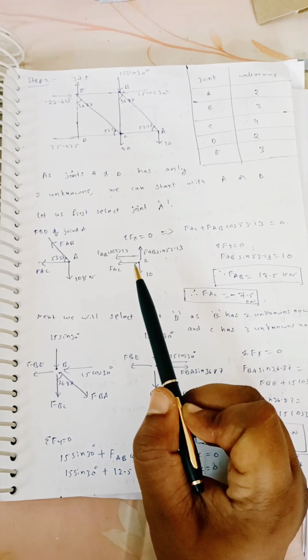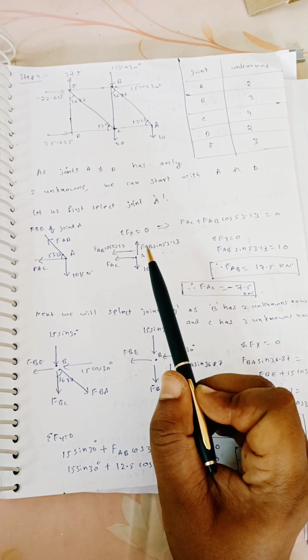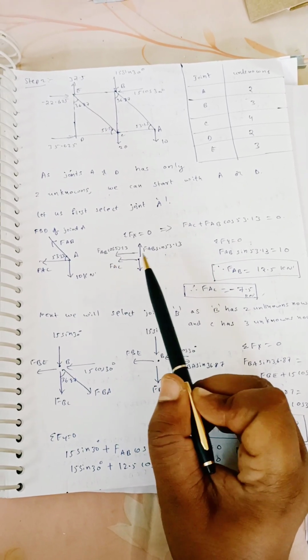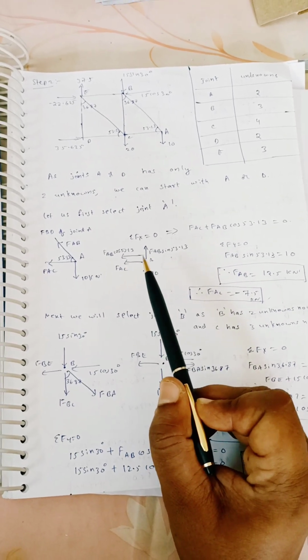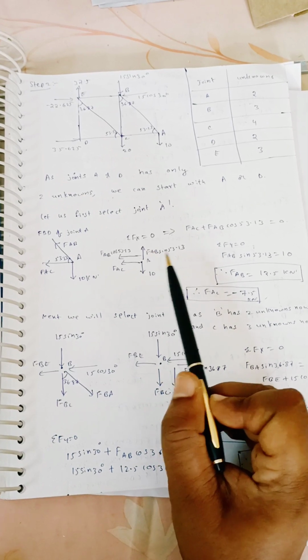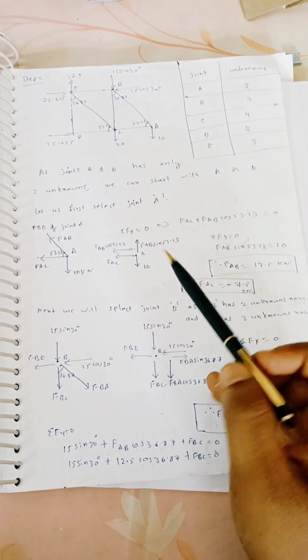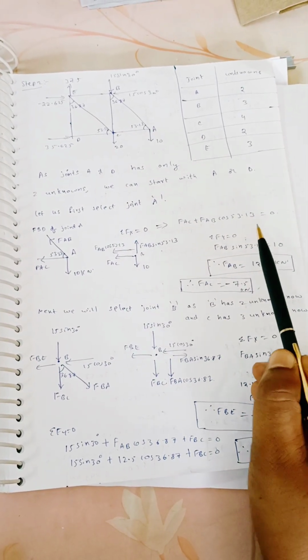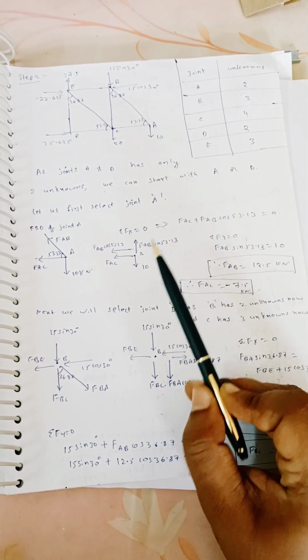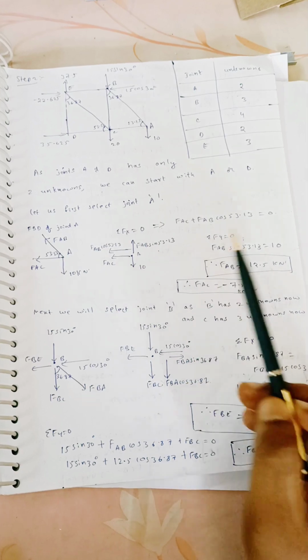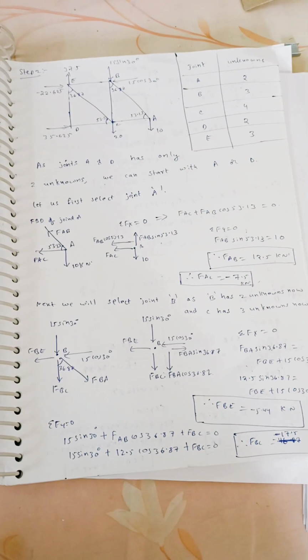Applying sigma Fx equal to 0: FAC plus FAB cos 53.13 equals 0, as there is no force on the right side. Let this be equation 1. Then sigma Fy equal to 0: upward force equals downward force, so FAB sin 53.13 equals 10.